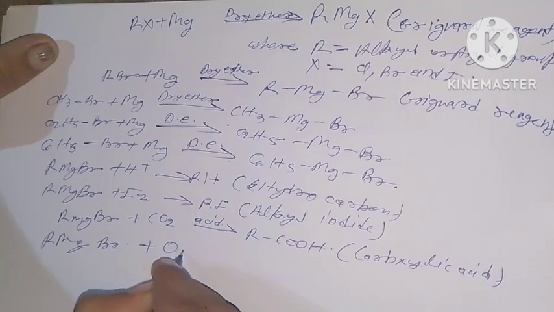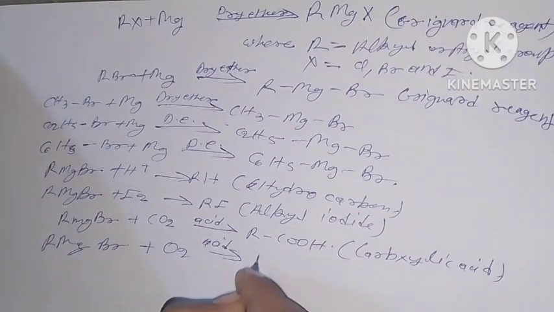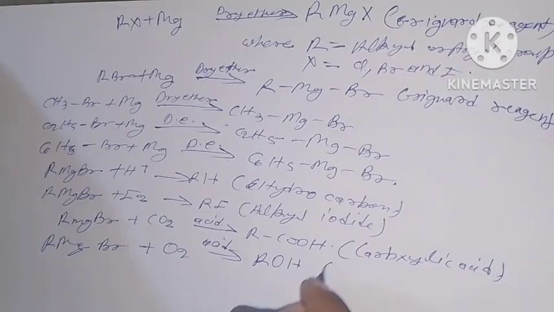RMgBr plus O2 in the presence of acid gives ROH, 1 degree alcohol.